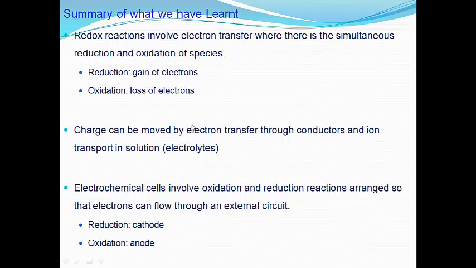One of the things that we've recognized is that electrochemical reactions, which are oxidation and reduction reactions, are facilitated by charge transfer through the salt bridge or an electrolytic solution.